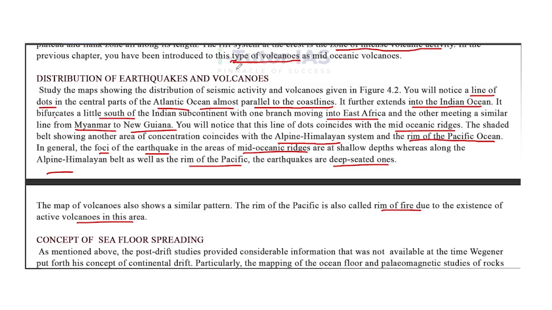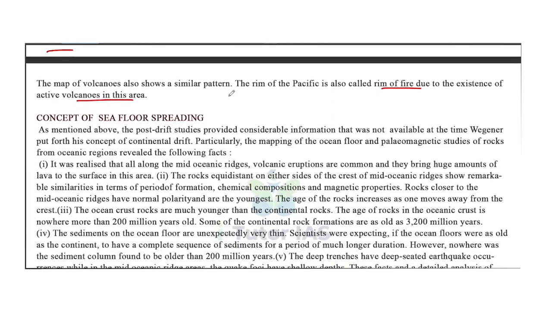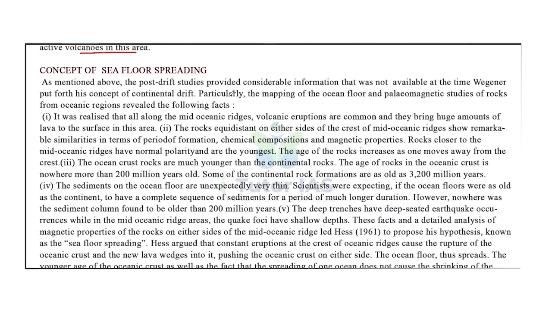Now, the concept of seafloor spreading. As mentioned above, the post-drift studies provide considerable information that was not available when Wegener put forth his concept of continental drift. Particularly, the mapping of the ocean floor and paleomagnetic studies of rocks from the oceanic region revealed the following facts.